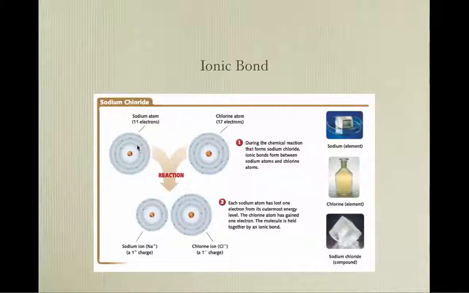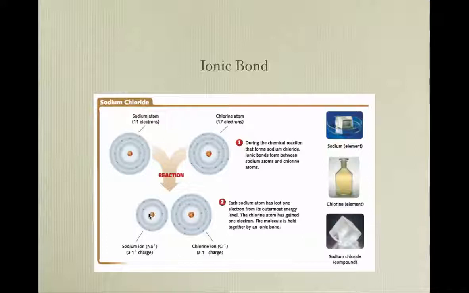What happens if chlorine simply steals this electron from sodium? It now becomes negatively charged because it's got 1 more electron than it did before. And sodium, which loses its electron, becomes positively charged. They're then very strongly attracted, and this creates a molecule called sodium chloride.